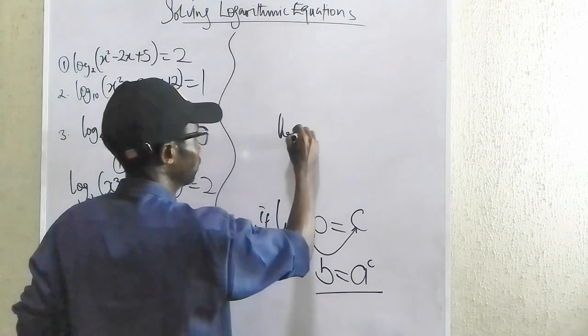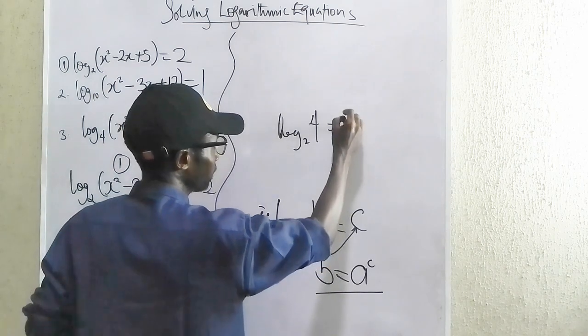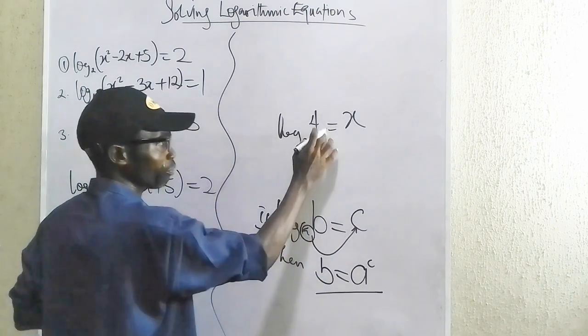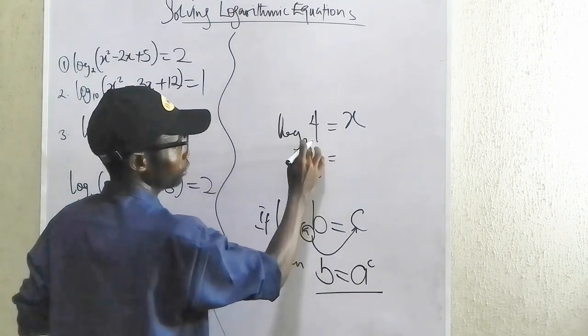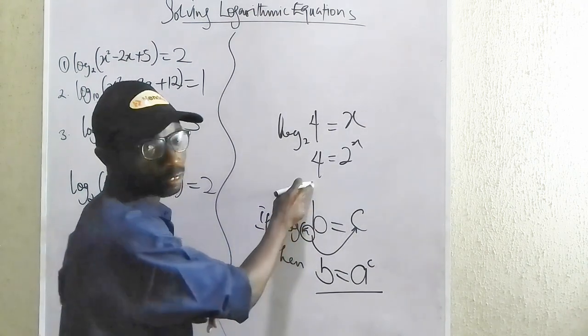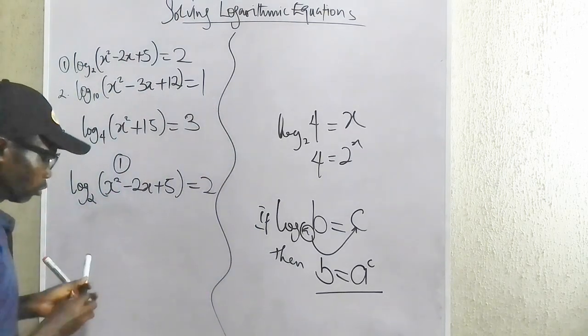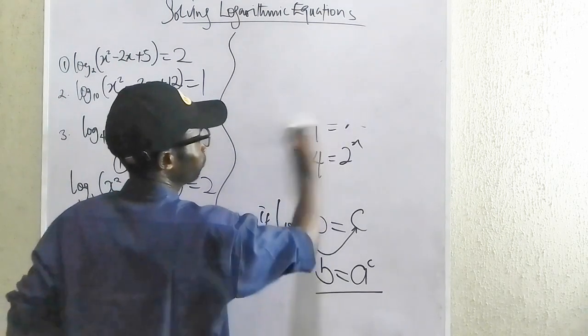So the same thing we're going to do here. The base 2 will push the power up to get this number. Now we'll come to this place and solve the same thing.